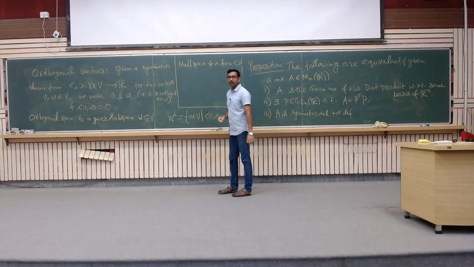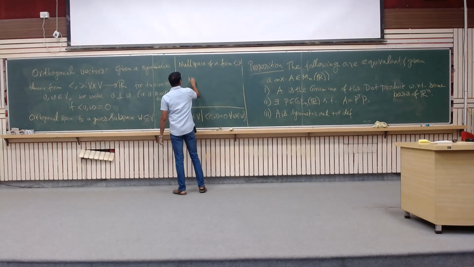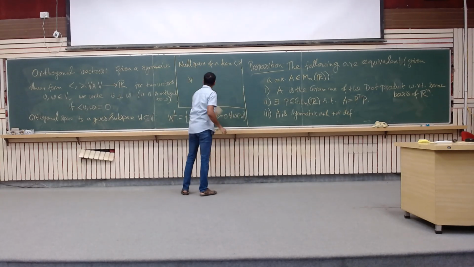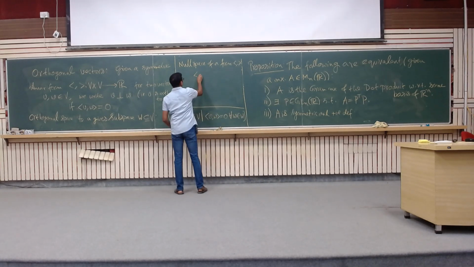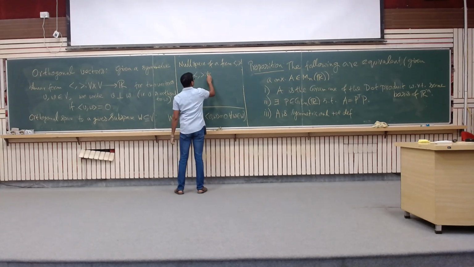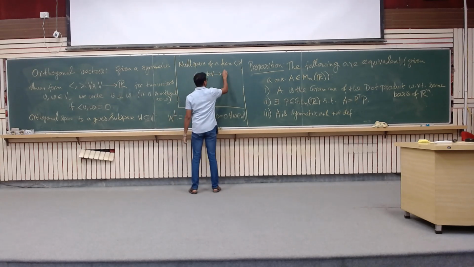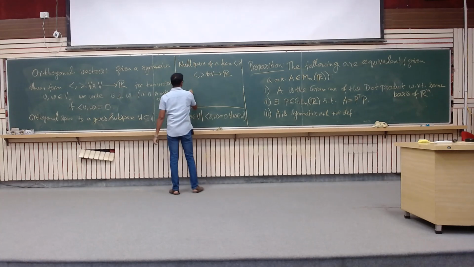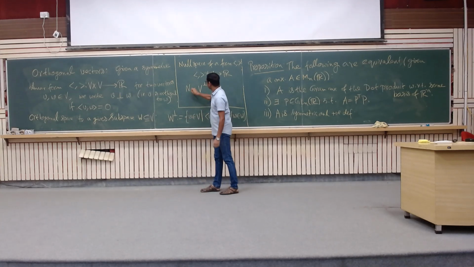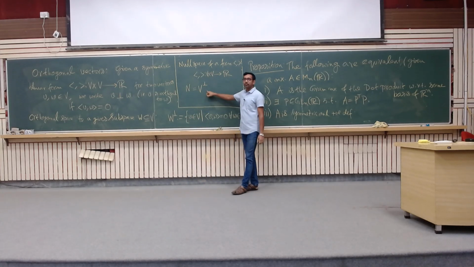We denote it by N. And suppose the form is from V cross V to R, then we define the null space of the form to be the vectors which are perpendicular to all the vectors in V.